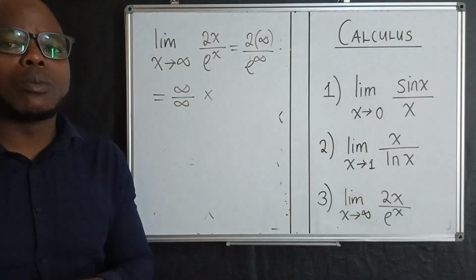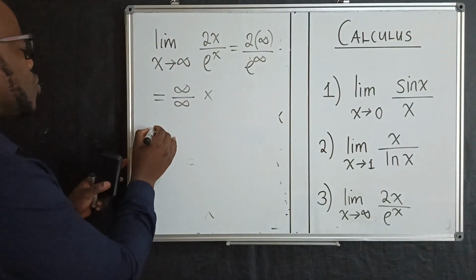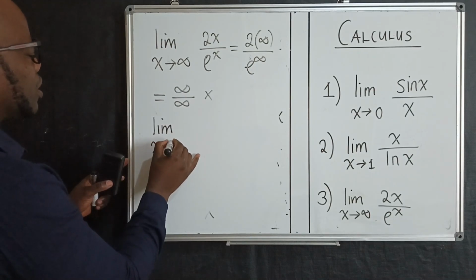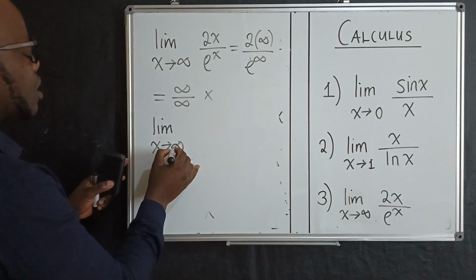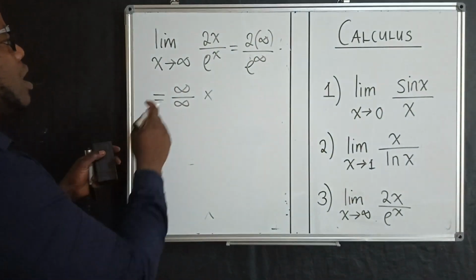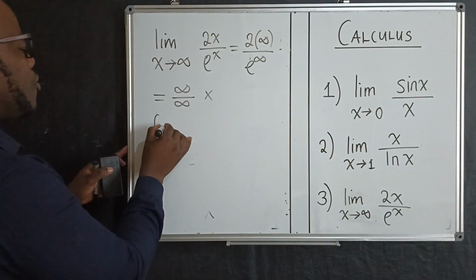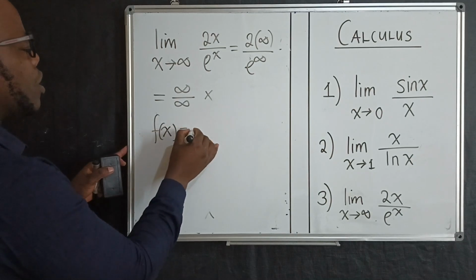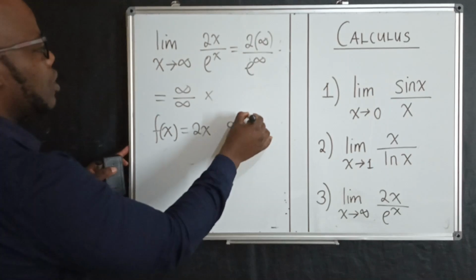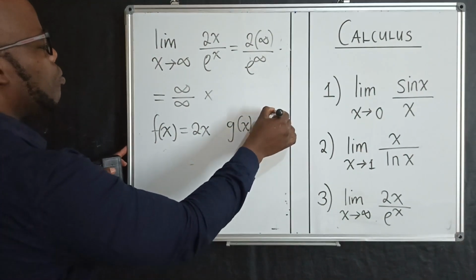Therefore, L'Hopital's rule can be applied here. Before we do this, let's get the functions. So f of x will be equal to 2x, while g of x will be equal to e power x.